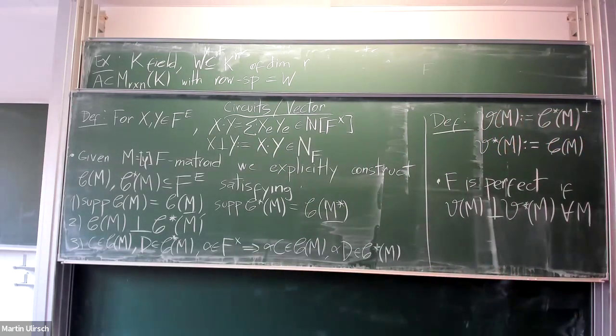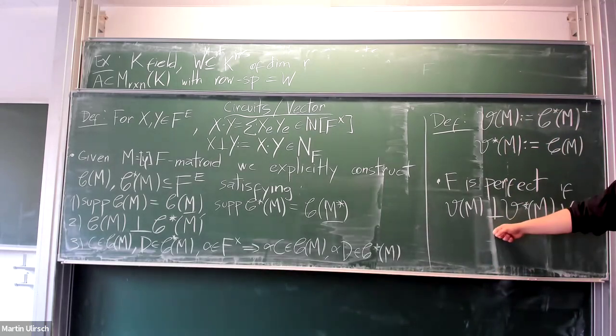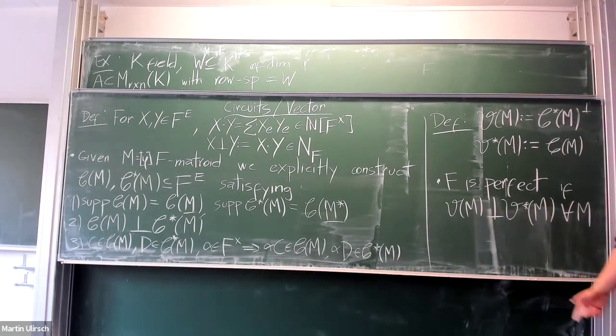For any matrix, I will say that my coefficient set F is perfect if for any matrix this happens. This happens, for example, in the case of fields and the Krasner and the tropical hyperfields. But there are some that are not perfect. Okay, for example, the phase hyperfield, if you know what this is.